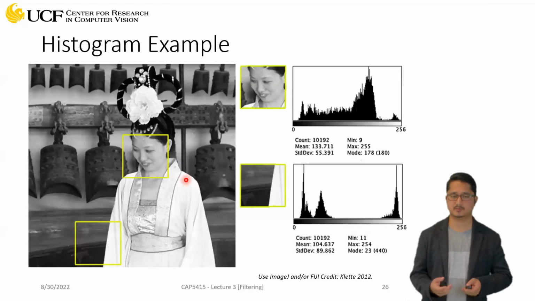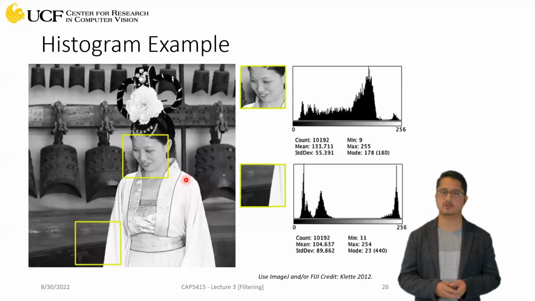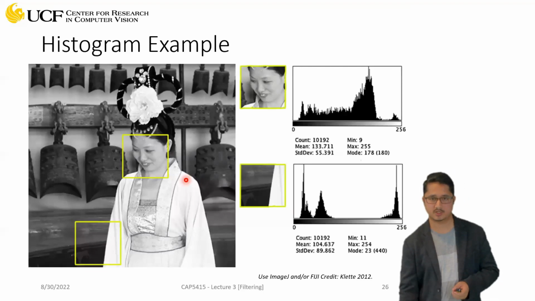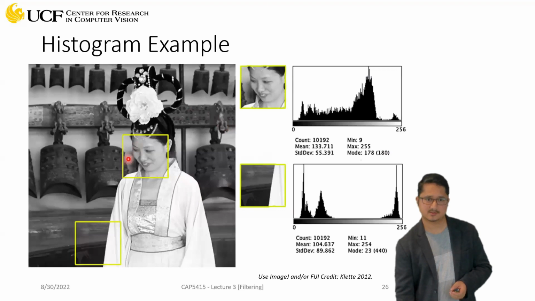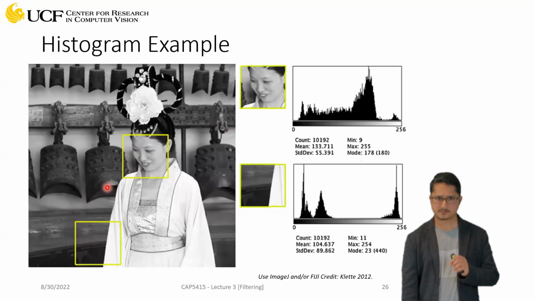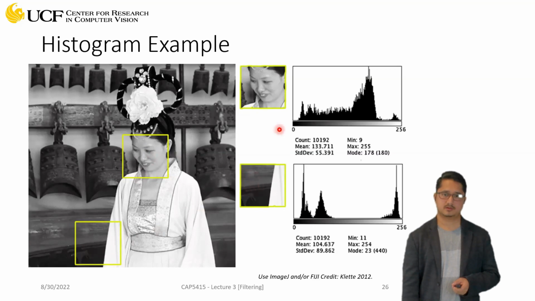And as I said, it's a pretty simple concept. Let's look at one more example, and then we'll move to the next topic. So this is the input image, and I'm just showing 2 different patches from the same image. So this is patch 1, and this is the second patch over here. For this particular patch, this is the histogram, and you can see that very bright pixels, we don't have a lot.